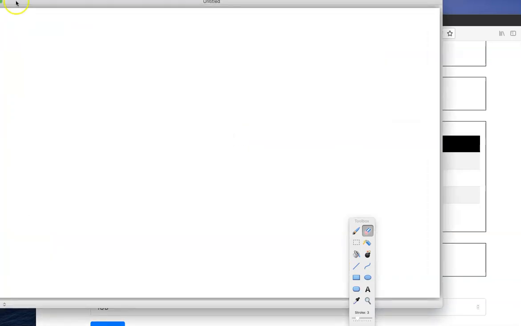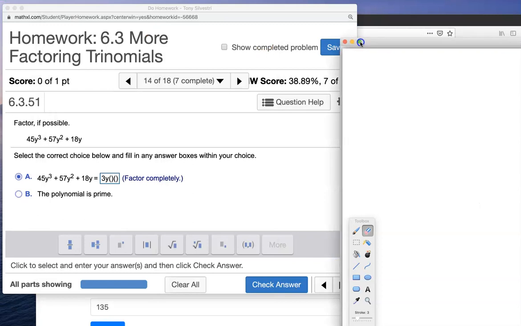Okay. Move this over here. Basically what I'm going to do is pull out the 3y. It leaves you with 15y squared plus 19y plus 6.